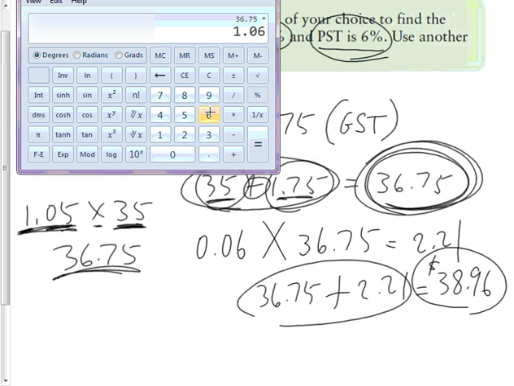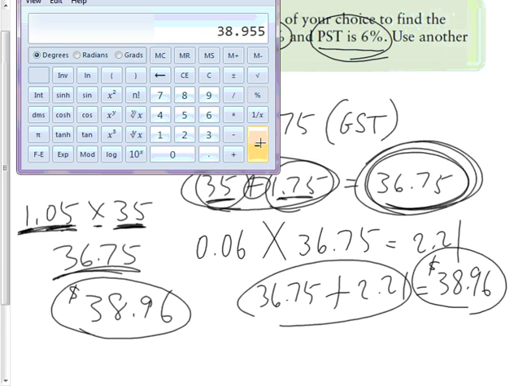That's going to be the cost of the backpack with the GST and the PST combined, and I'll get the answer of $38.96. Okay, so that's how you can use your calculator to get the answer in 2 steps without the need for addition. Just remember that the 1 in front of your percentage takes into account the cost of the item itself.